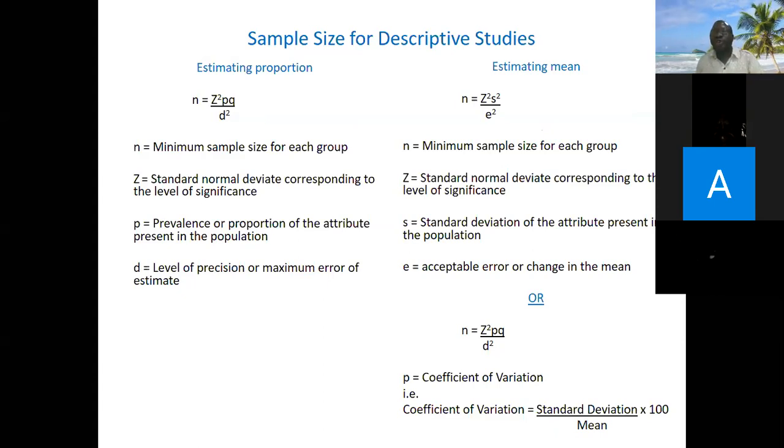So in your literature, when you get the mean and standard deviation, you use the standard deviation as the numerator, but you now use 5% of the mean as the E. Because if you don't do that, you enter into a problem. A two-way problem. Any of them is possible.